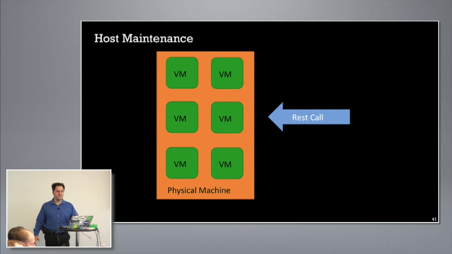So we introduced the ability to use our REST API to tell VMTurbo that we want to do maintenance on a particular host. It doesn't just evacuate the host, it actually finds the best place for all the other VMs that are running on that host, and effectively moves them, so that we could do maintenance and of course take the host out of maintenance, which wasn't natively available in OpenStack. But it's a nice additional feature.